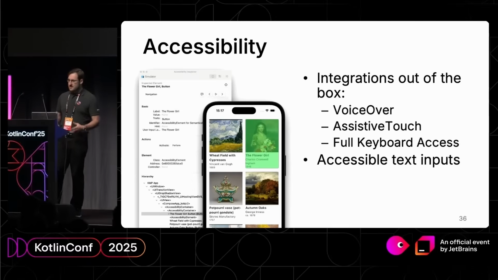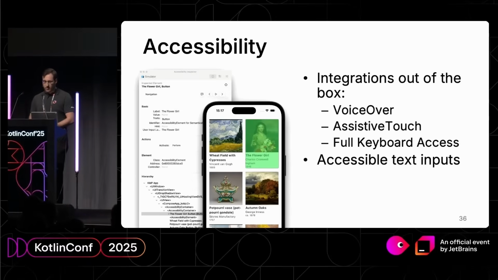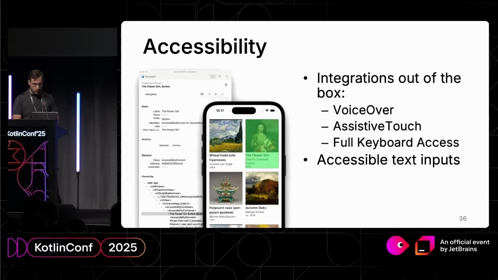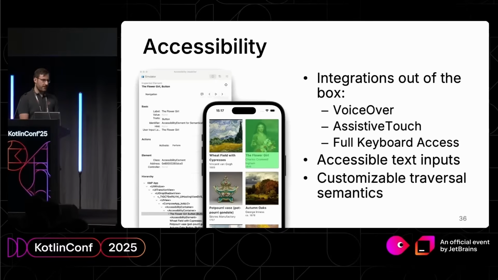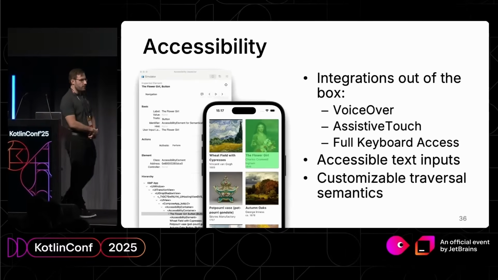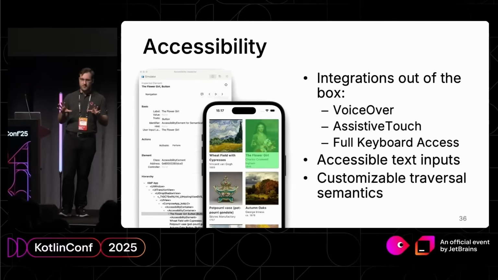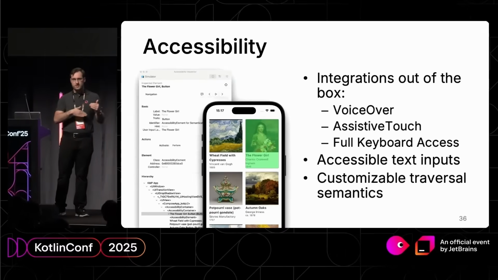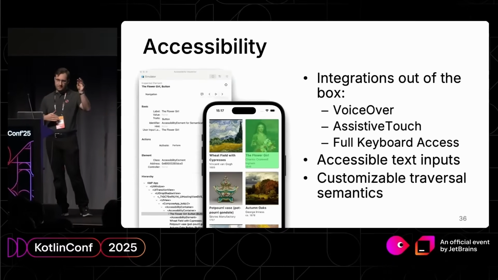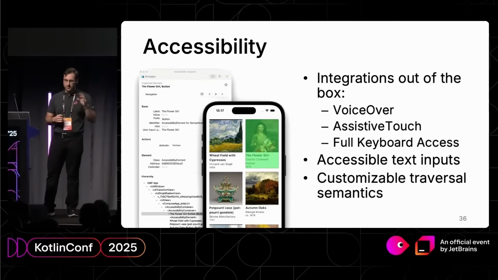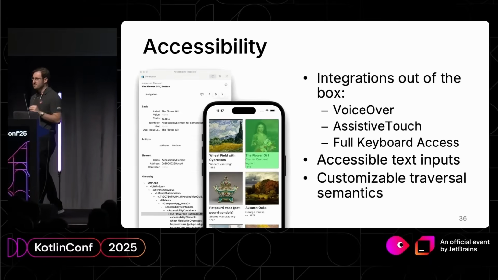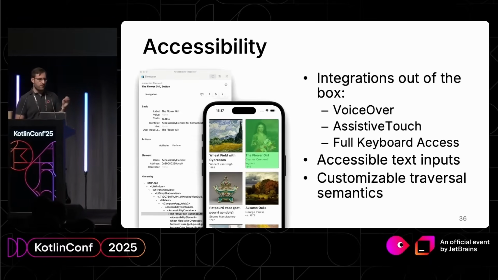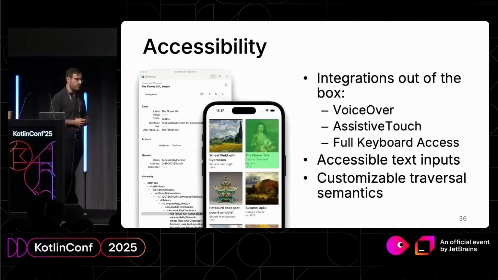Text inputs have been made specifically accessible also as part of the stable release, and we've also introduced customizable traversal semantics, which means that if you are building a lot of custom user interfaces where maybe the structure of your Compose nodes does not necessarily represent the physical location of composables on the screen, you can actually override this behavior, and you can specify how, for example, screen readers navigate through your application.